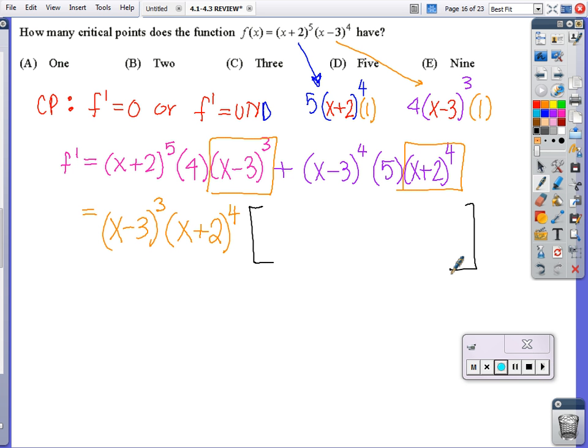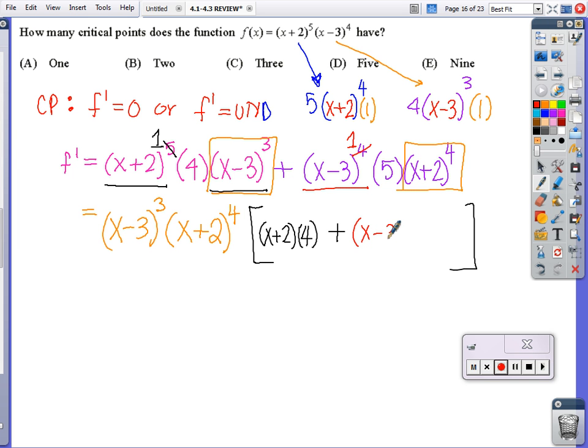So let me see. I factored out the (x minus 3) to the 3rd power. I'm also supposed to factor out 4 of these, so this will drop to a power of 1. So I have left from the first term (x plus 2) times 4. Now plus the second term, I am going to factor out 3 of these, so this will drop down to a power of 1.